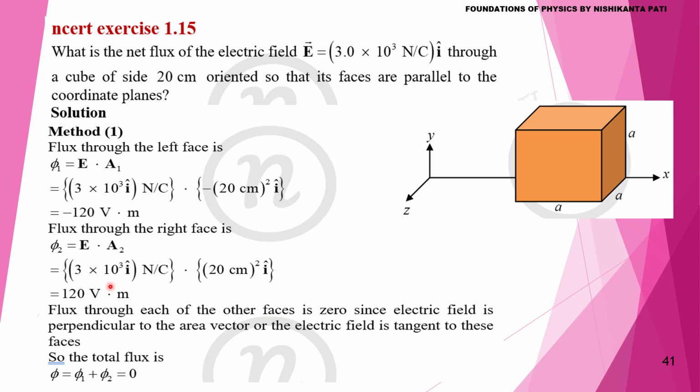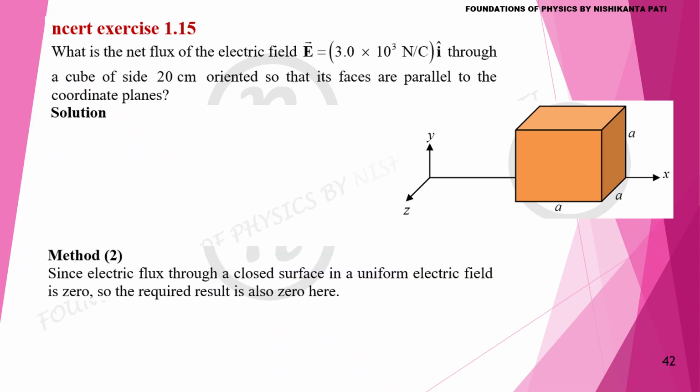We can also solve this problem by another easy method. The electric flux through a closed surface in a uniform electric field is 0. So the required flux here is 0 also. Why is the flux through a closed surface in a uniform electric field 0?